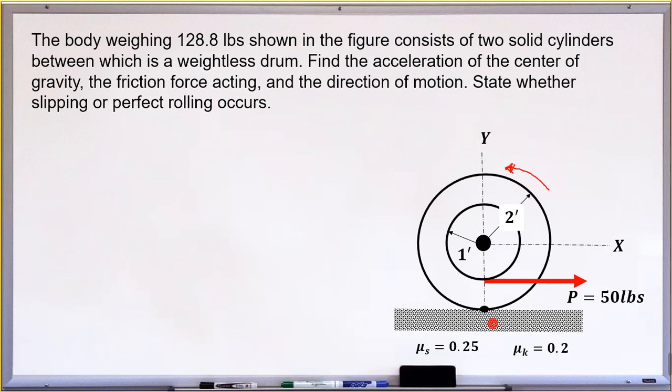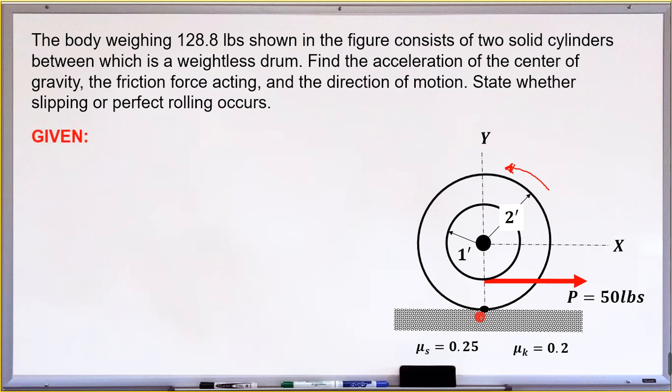We also assume that there exists a friction between these two solid cylinders and the horizontal surface. But we don't know yet whether the direction is going to the right or going to the left. So let's explore that later on.